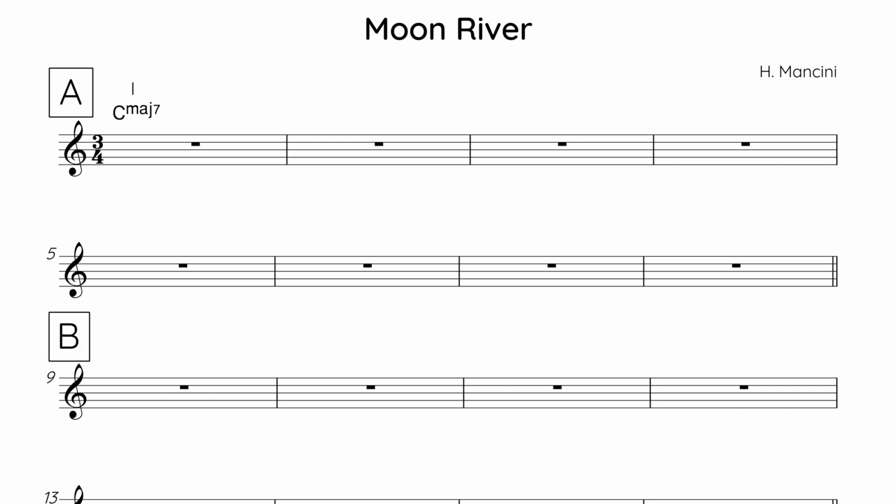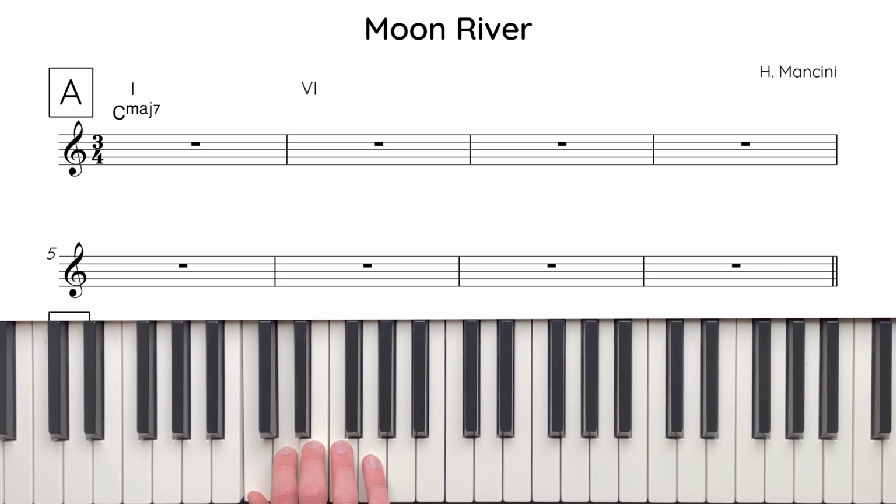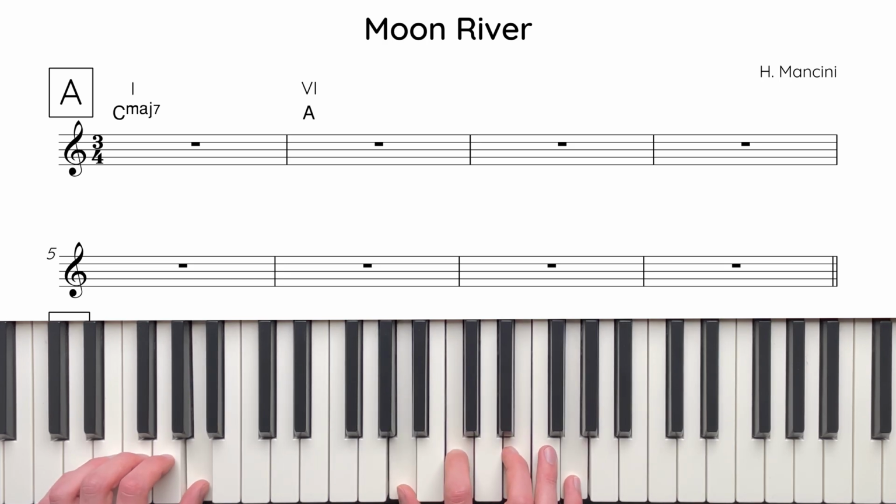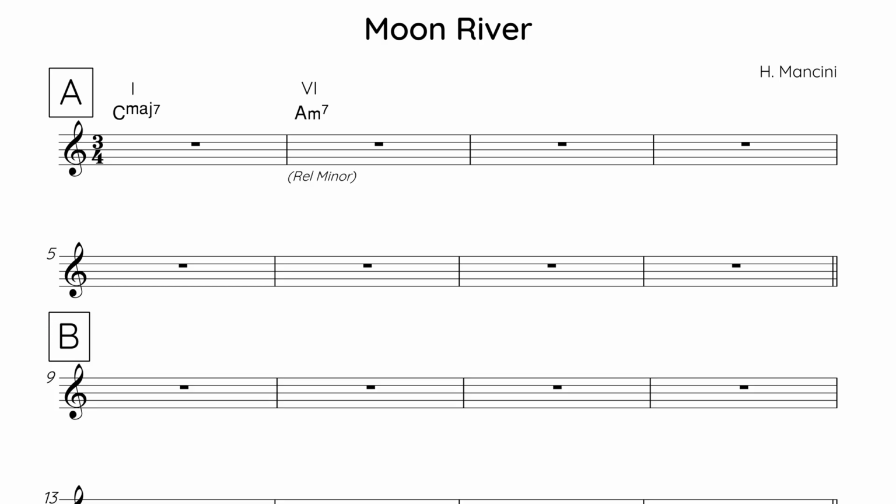Then, it moves to chord 6, a chord built off the 6th degree of the home key scale, A. The chord is then built using the notes of the home key scale, which means the third is C, fifth is E, and seventh is G. This chord is A minor 7, and chord 6 in any major key is a minor 7 chord, and also the relative minor. The following chords are all built using this same process.